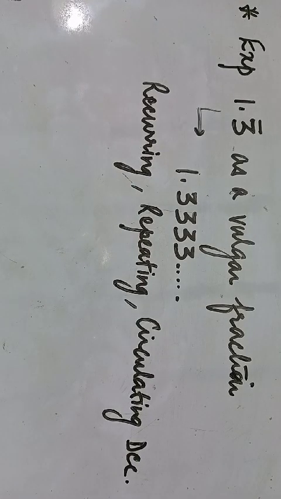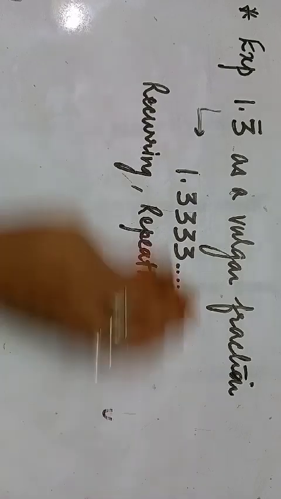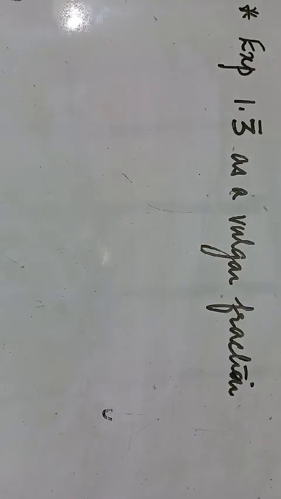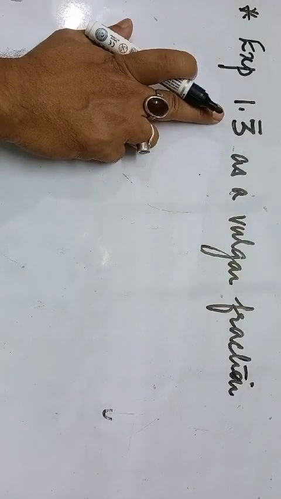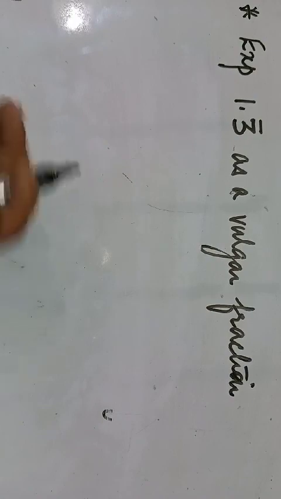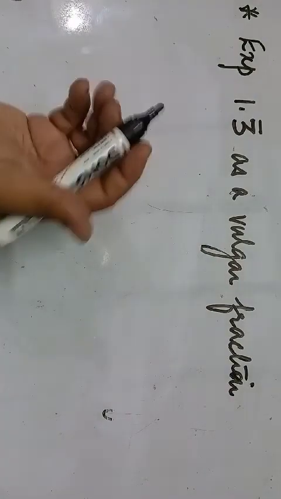Now coming to our question, I have to express this 1.3 bar as a vulgar fraction. Now please note, children, that this has a particular way of solution in terms of steps.